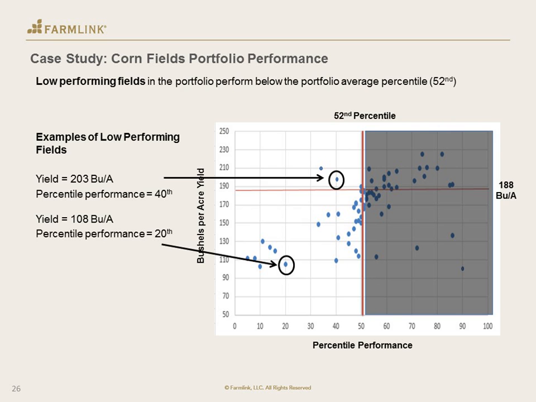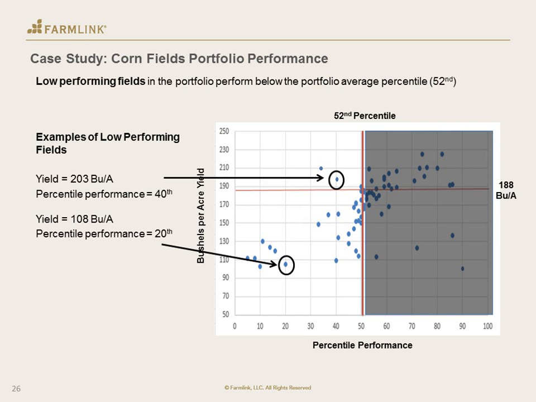In the lower left-hand quadrant, we see multiple fields that were low yielding and low performing. In some cases, a farmer and agronomist might identify a disease issue such as Goss's wilt of corn, maybe sudden death in soybeans, a micronutrient issue, drainage issue, or possibly a very localized severe weather event such as flooding or hail that resulted in the low performance.